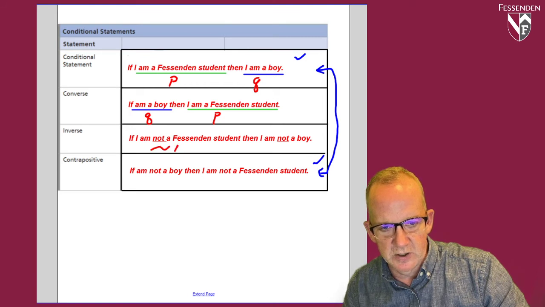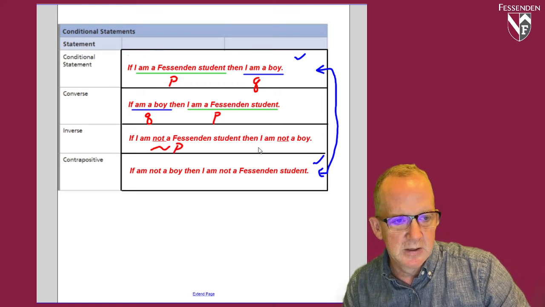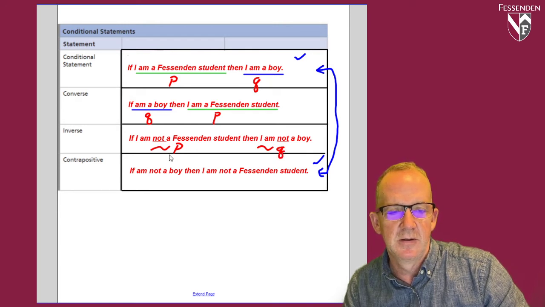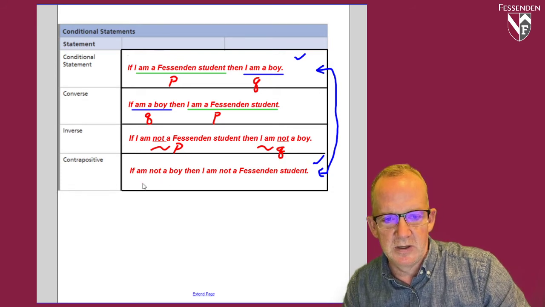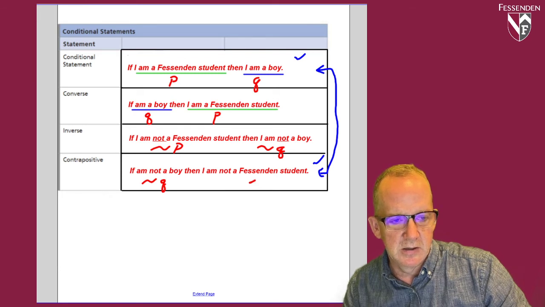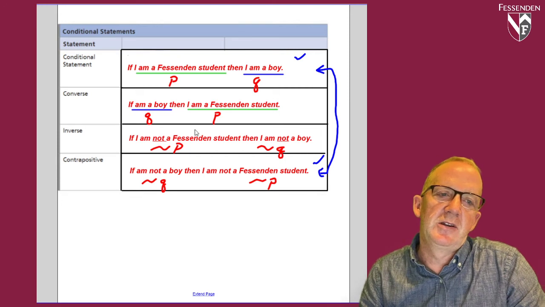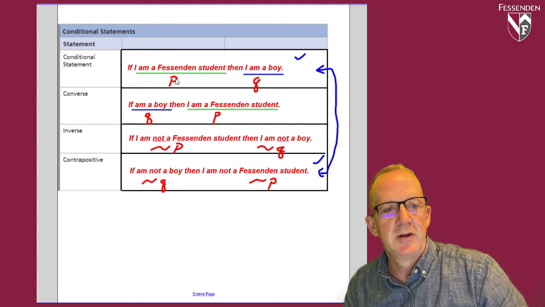So it's a little squiggle, then P, then not Q. The squiggle just means not, okay? Not P, then not Q. And this will be if not Q, then not P. The notation's not that big a deal, but you might see it places. So if P, then Q.